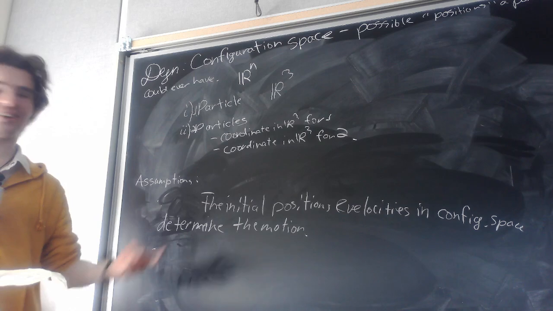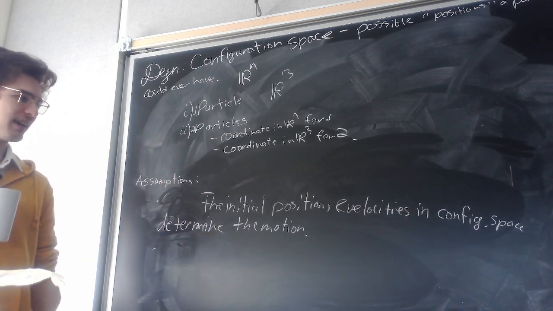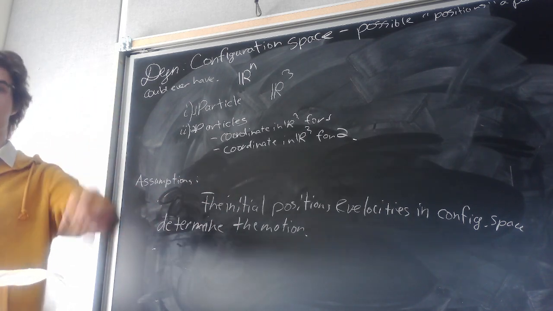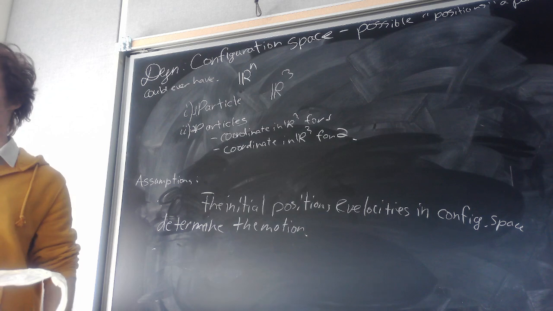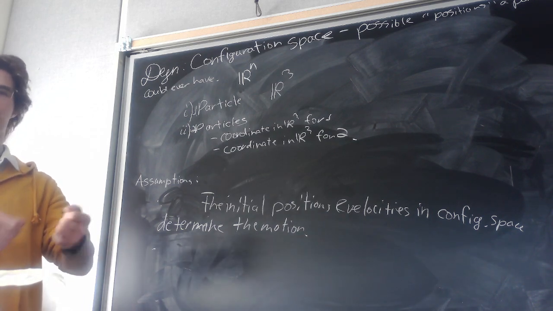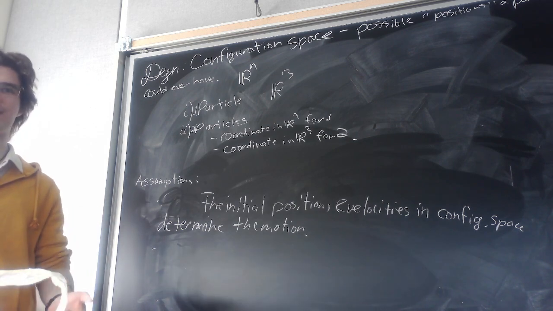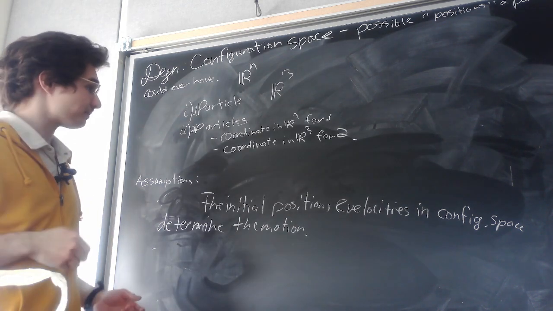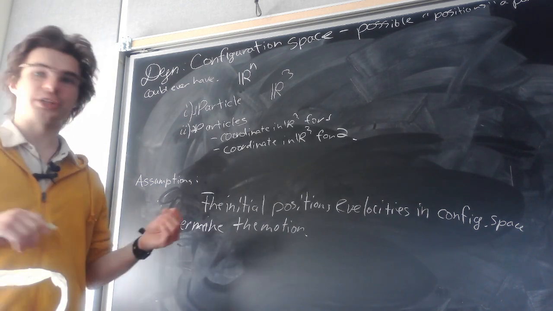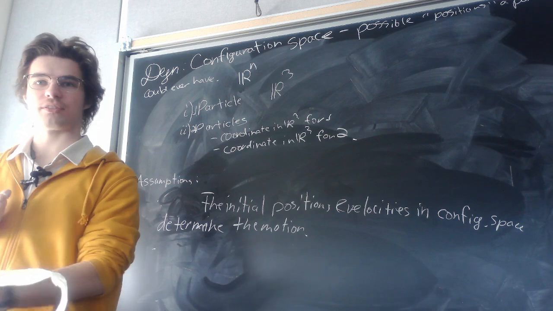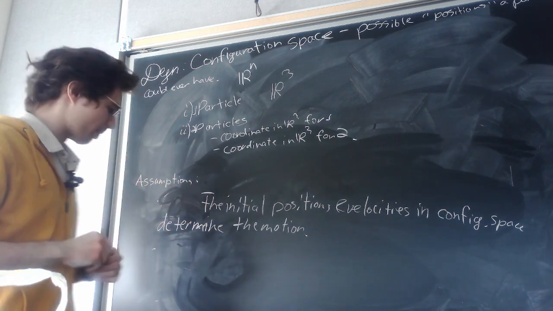Exactly. How do the initial positions and velocities in configuration space actually determine the motion? If I told you here's some particles and here's some initial positions and their velocities, how do you actually get their motion, right? By motion, I mean I want some kind of path in my configuration space parameterized by some time. That's what I want, right?